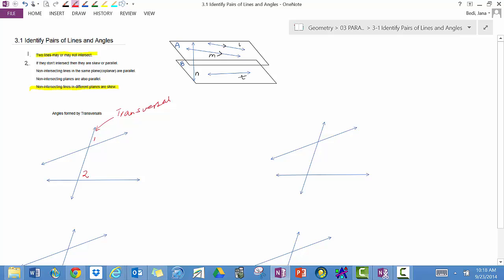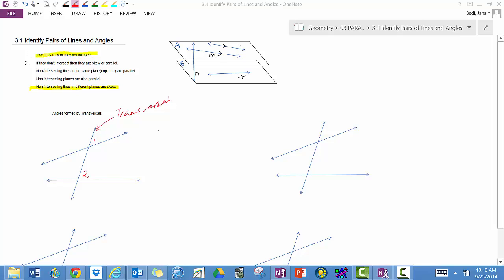So angles 1 and 2 sit above the two lines and they are on the same side of the transversal. So these are in correspondingly same positions. They are called corresponding angles.